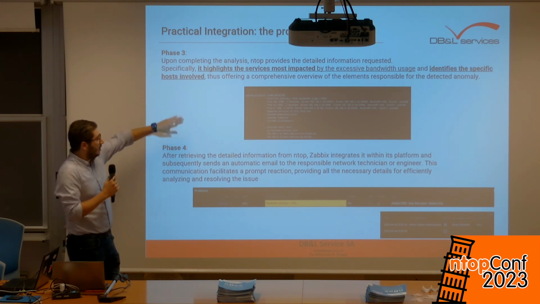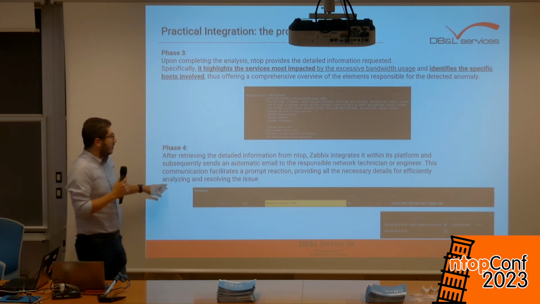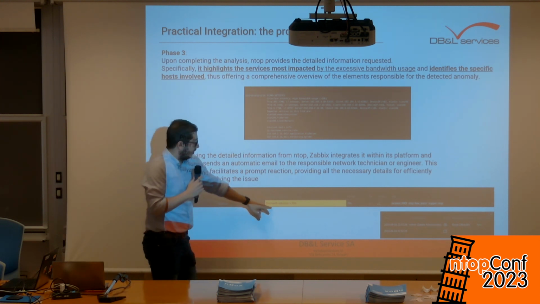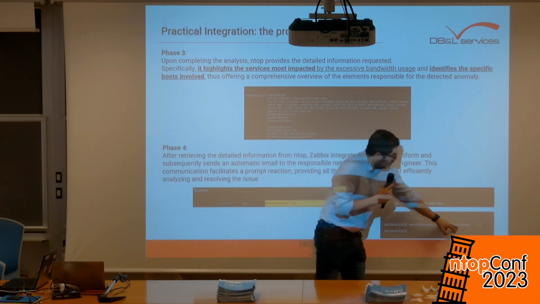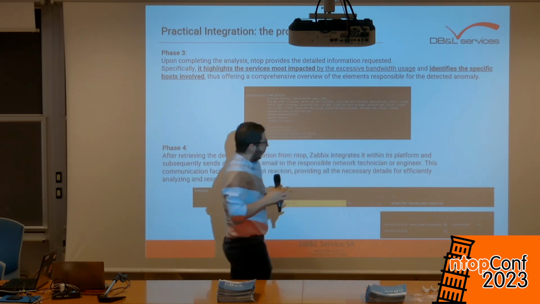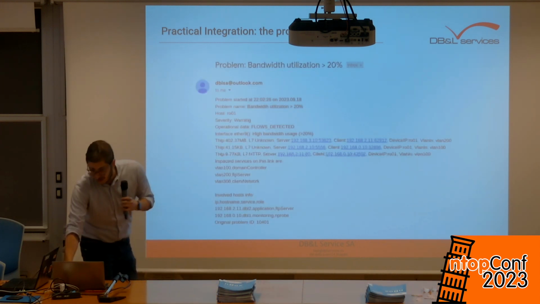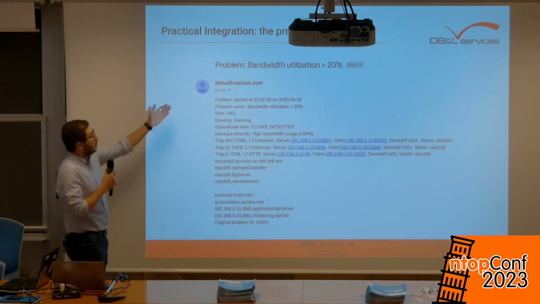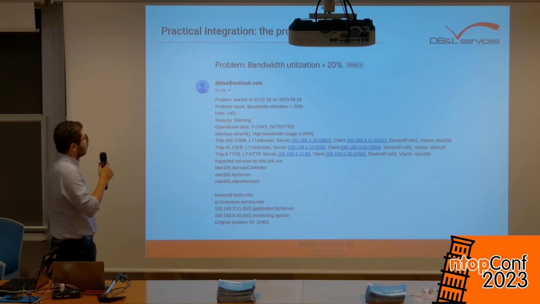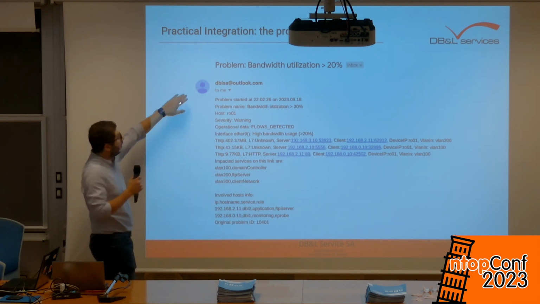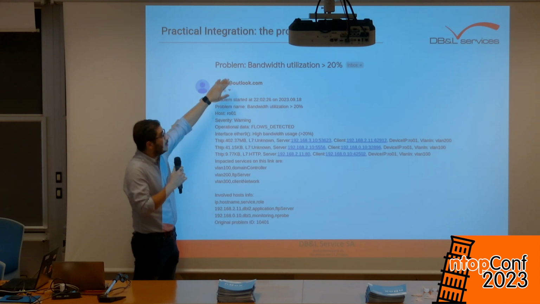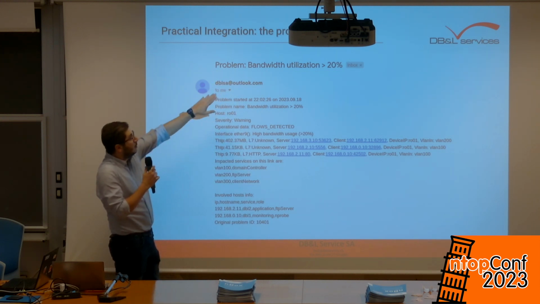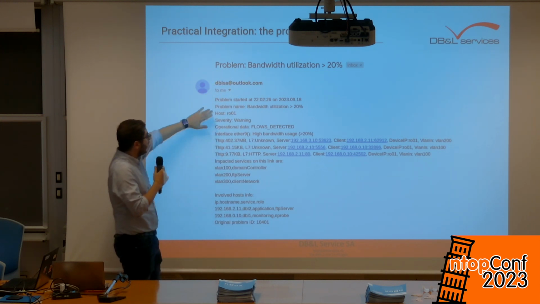Once our framework has sent information to Zabbix, it's then time to trigger the last part, which is to send an email to the end user. And here is the example of the email that the end user will receive. Subject: you already have the information from Zabbix. What is the problem? Bandwidth utilization more than 20%. Where?